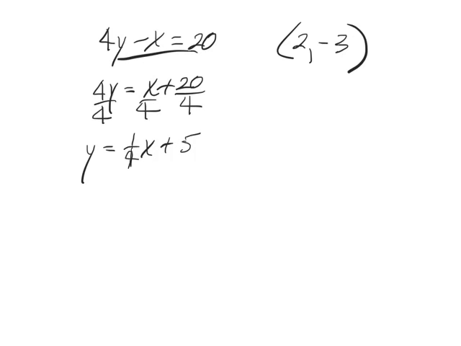Alright, so the slope of this equation is 1/4. The slope of our new equation, since they're asking us to come up with an equation that's parallel to this, is also going to have a slope of 1/4.